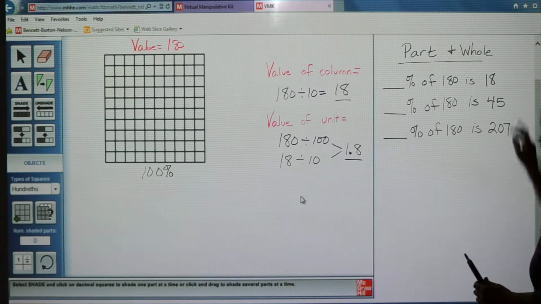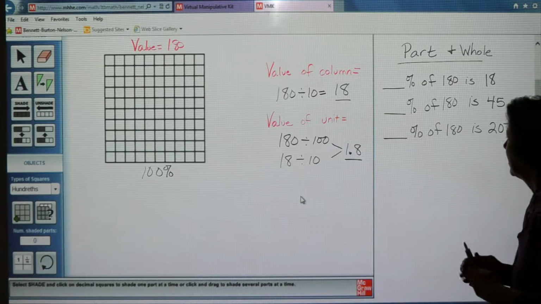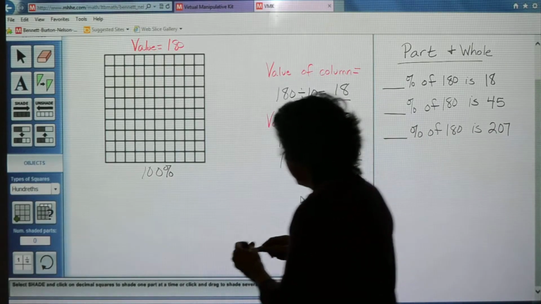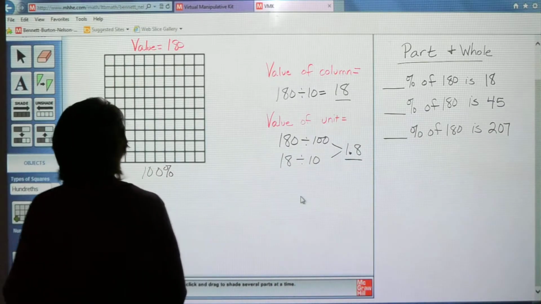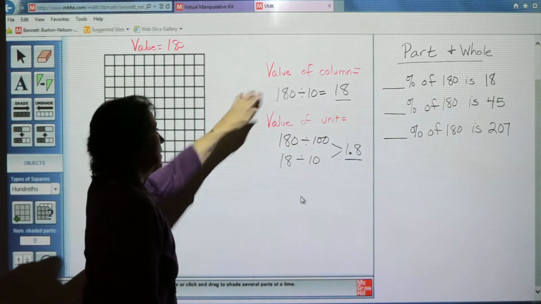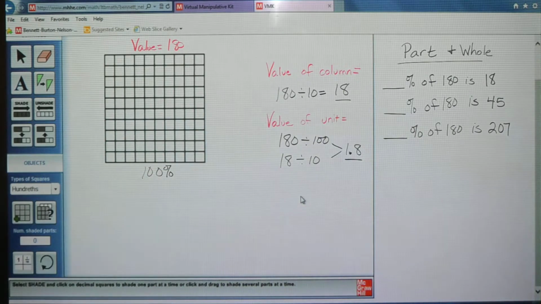So, how many squares would I have to color to get 18? Well, let's look and see what I know. Oh, I see something that looks really easy. I see that the value of a column is 18, which means, in order to get 18, I would need to color in one entire column, whose value is 18.